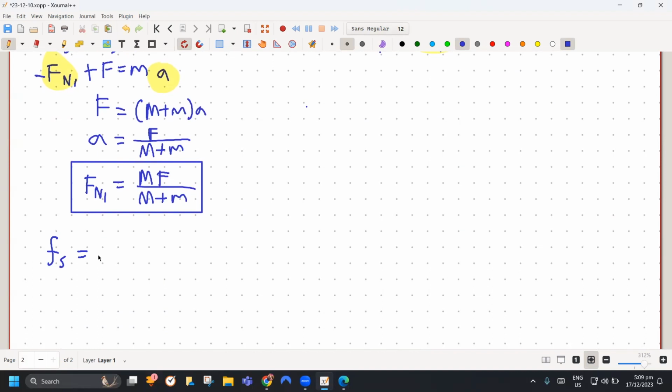Ngayon, is that going to be less than or equal to, so ang requirement natin dapat Fs, the actual static friction, should be less than or equal to mu s Fn1. So dapat yun.